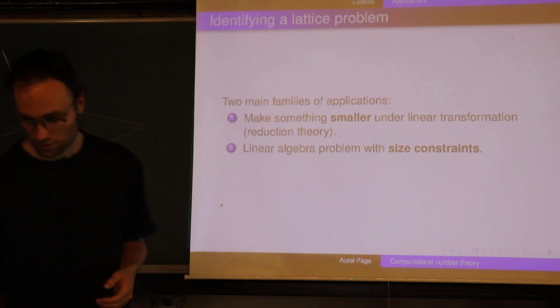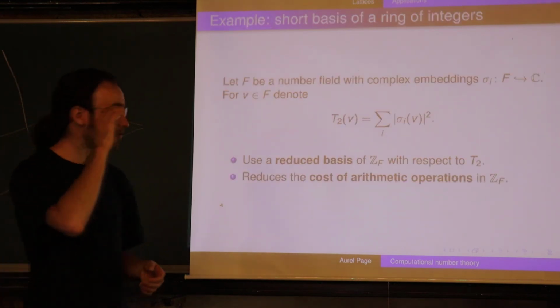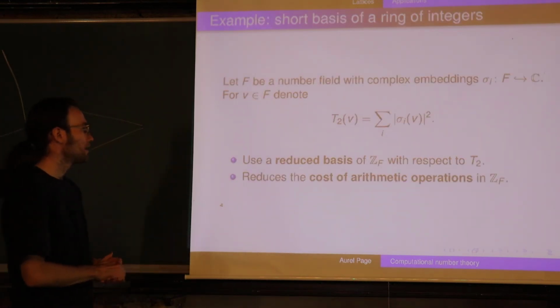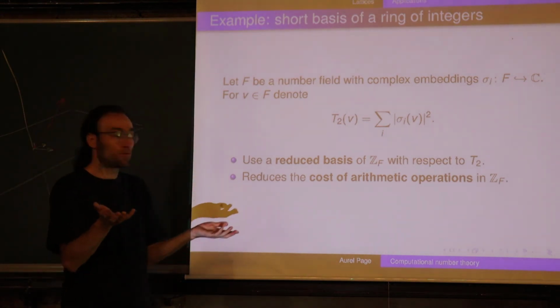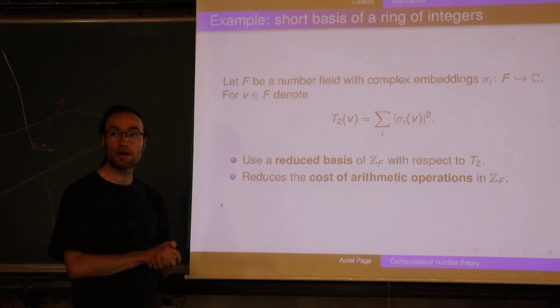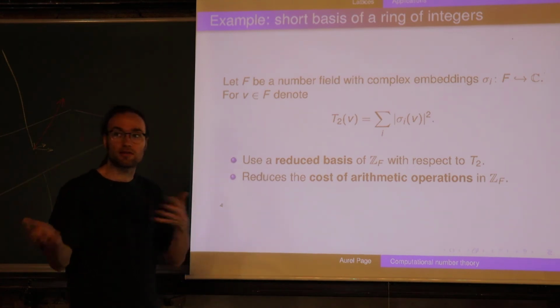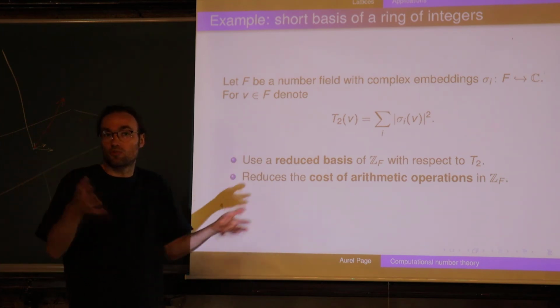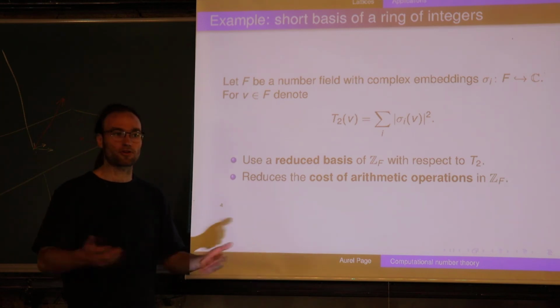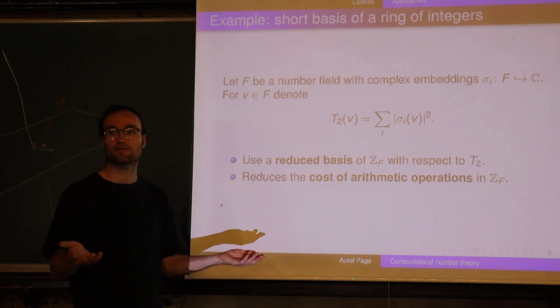So let's see some examples. One example of the first one would be the following. You're in a number field and you've computed, say, a basis of the ring of integers. But there are many different bases and they are not all as good as each other. And so you want a small basis because it's going to make, for instance, all your arithmetic operations faster.